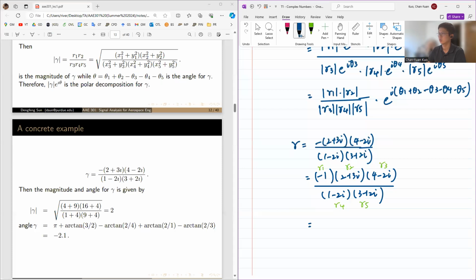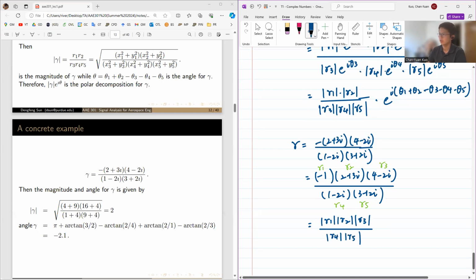So we can rewrite this as gamma 1 times gamma 2 times gamma 3 over gamma 4, gamma 5, and times e to the i theta 1 plus theta 2 plus theta 3 minus theta 4 minus theta 5.